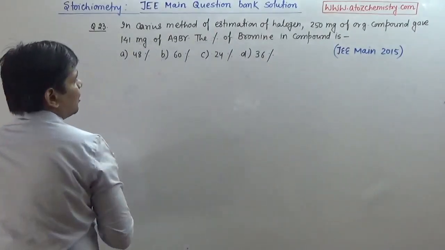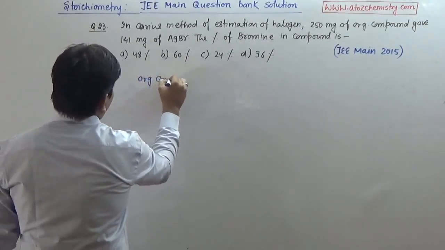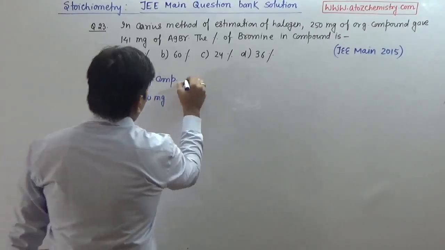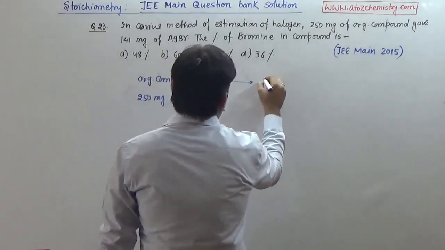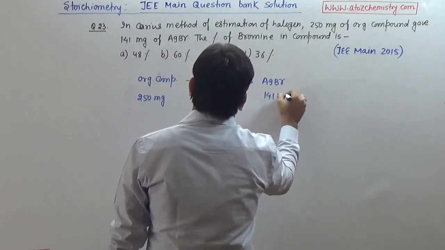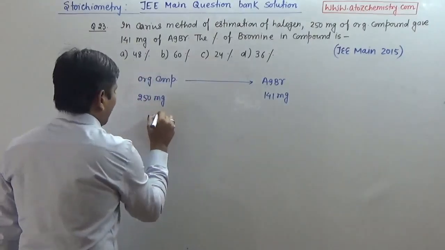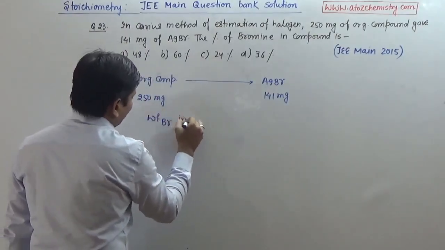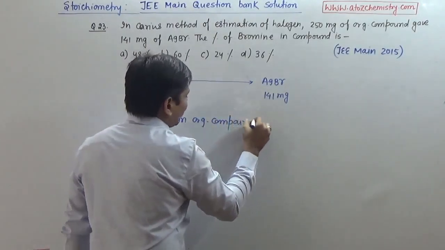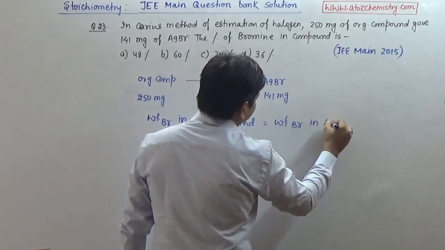Look, in the question it is given that the organic compound has 250 milligram and it is giving AgBr of 141 milligram. You can easily see that the weight of bromine in the organic compound will be simply equal to the weight of bromine in AgBr.